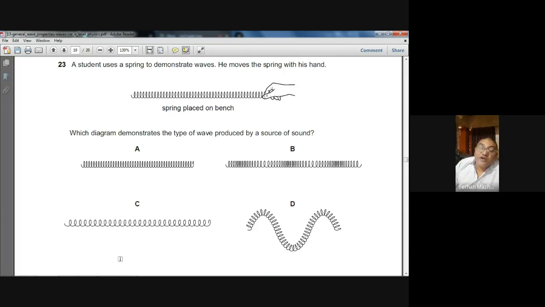In the spring, you can produce a longitudinal wave, and the spring should show compressions and rarefactions. Which diagram shows compressions and rarefactions? That's B. Option B shows the sound-wave type, the longitudinal wave. So B is the right option.